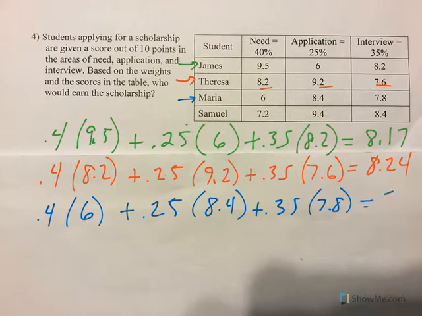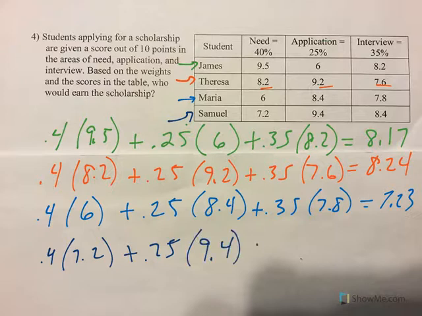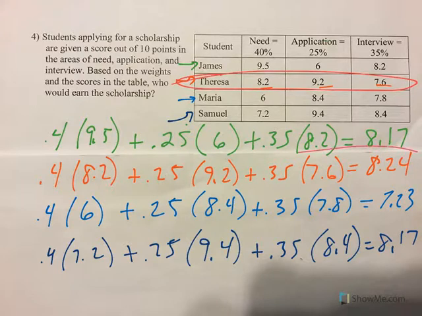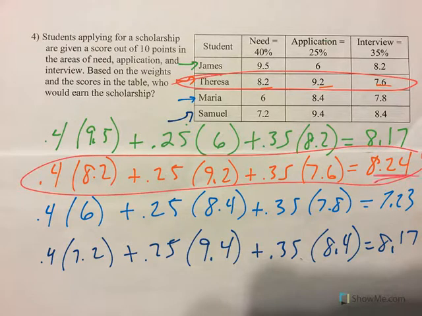And that gives me a 7.23. And then for Samuel, we get 7.2. Again, same weights. The only thing that changes is inside the parentheses. So based off of this calculation, Teresa is our scholarship winner because she has an 8.24 in quality points, where everybody else is lower than that.